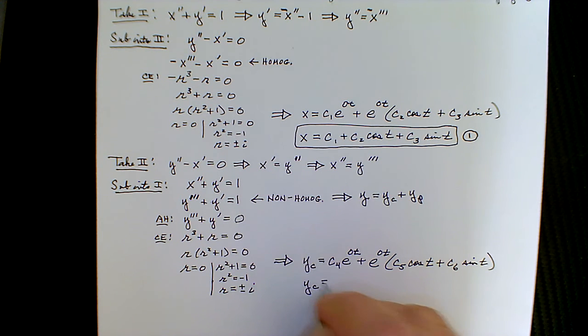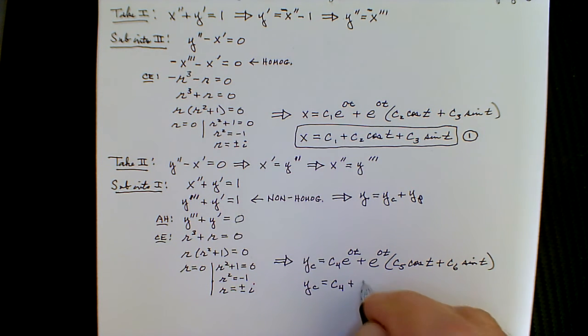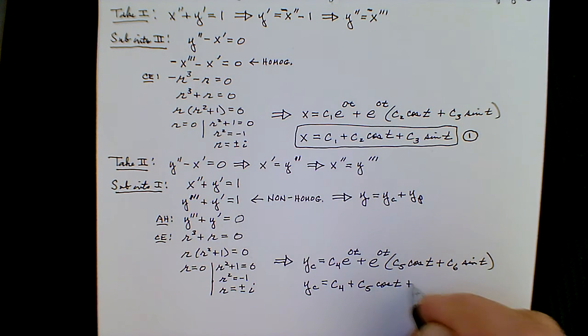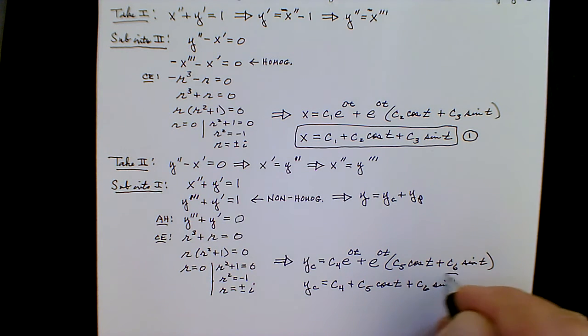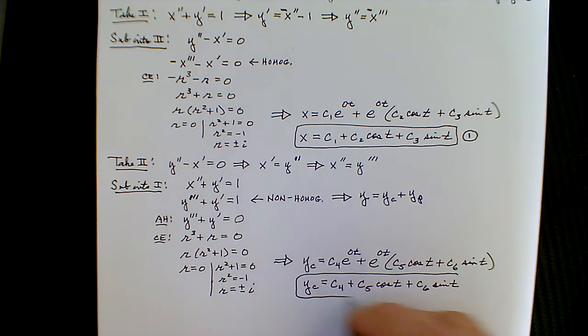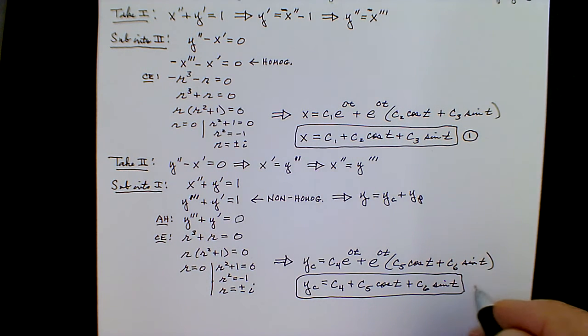And so let's simplify that. And we get y sub c is C4 plus C5 cosine t plus C6 sine of t.